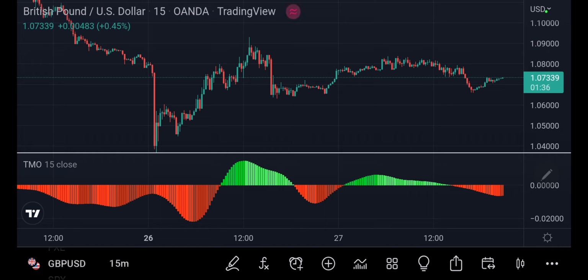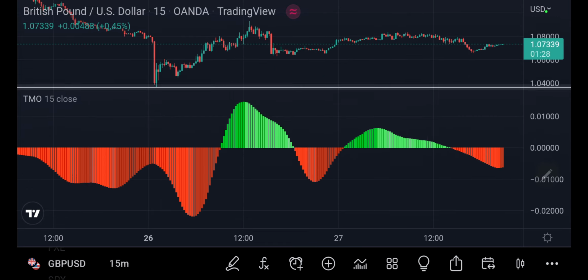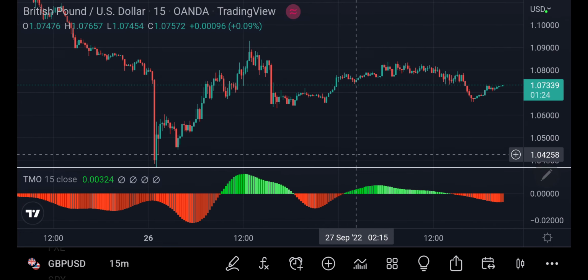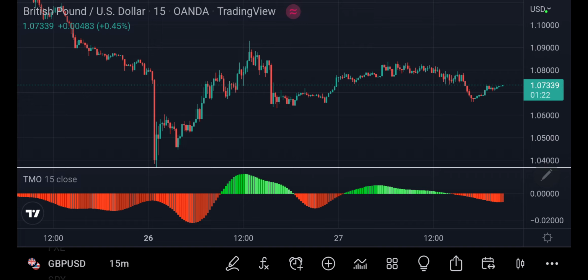It seems similar to the MACD, or you can say the awesome oscillator, but we're going to make some changes in this oscillator, and then we will see how it shows us the signal. It's gonna show us the regular bearish and regular bullish divergence signals, and they will appear on our chart.